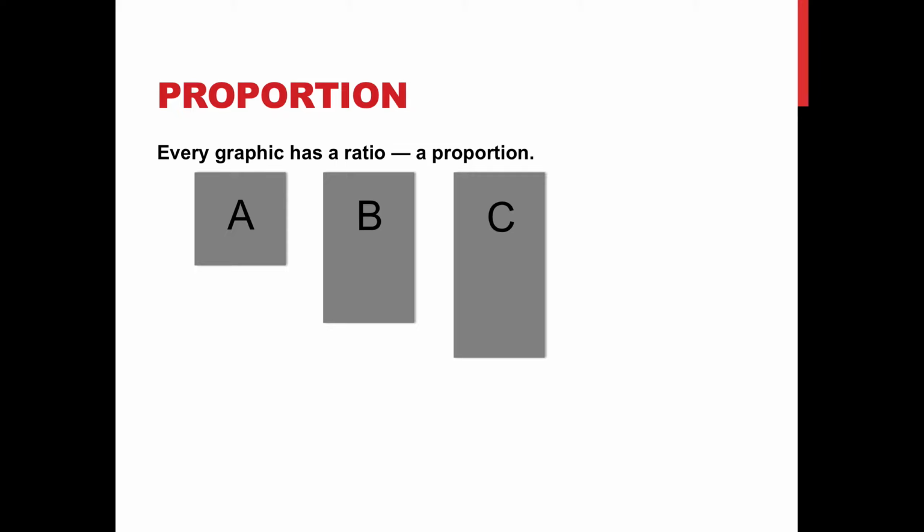And so every graphic has some form of a ratio, right? It's some form of a proportion between the height and the width. And so this one is 1 to 1, this one is 2 to 1, and this one is what's called 1 to 1.62. Okay, and I'm going to explain more of that later.